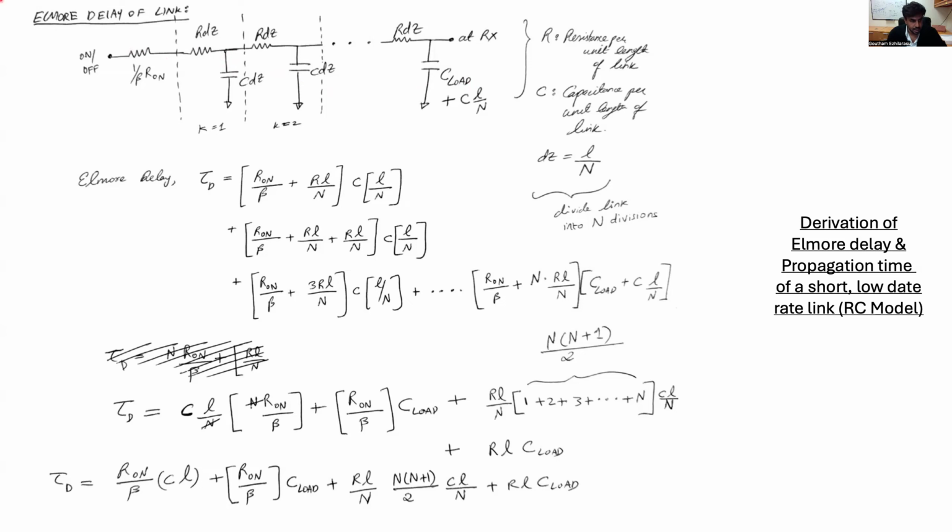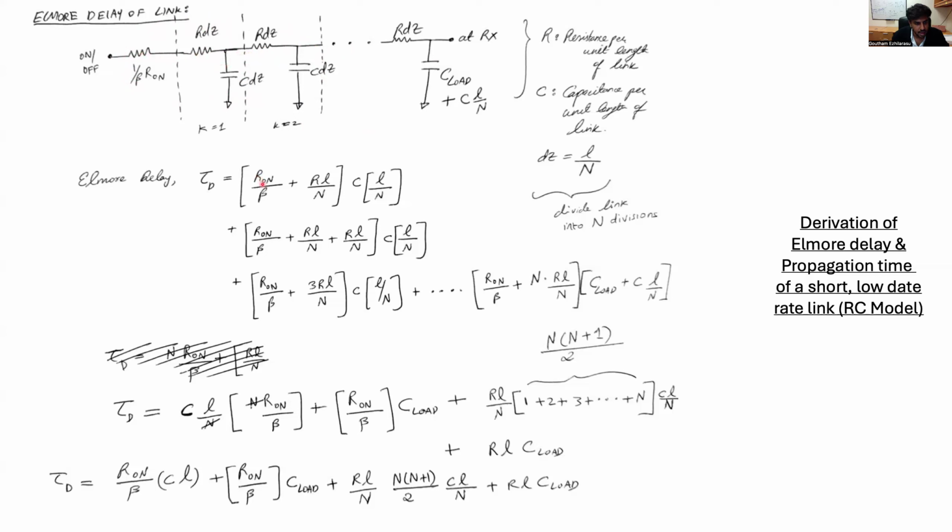So the Elmore delay tau d is basically defined in this network as the time constant in going all the way to this node, and then the time constant going all the way to this node, ignoring this capacitance, and so on. So it's going to be the RC of this link, then the RC of this link, and so on.